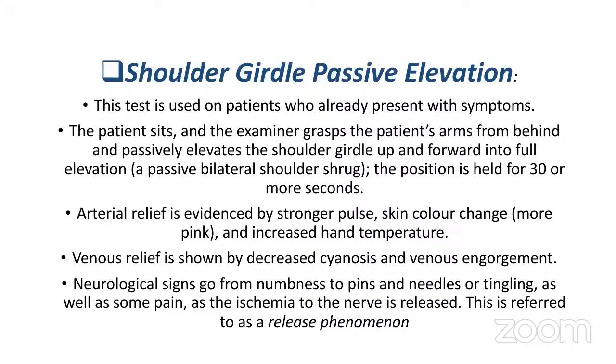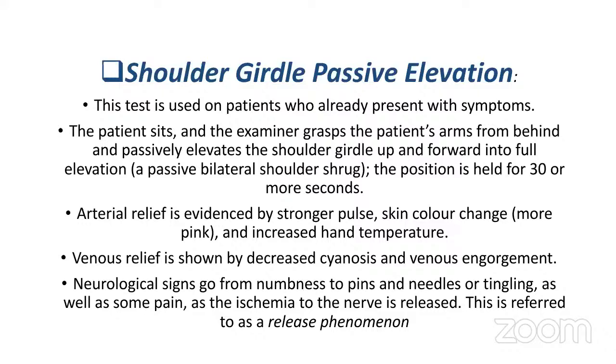Then neurological signs go from numbness to pins and needles or tingling, as well as some pain, as ischemia to the nerve is released. This is referred to as release phenomena. Why release phenomena? Because all these symptoms will relieve.